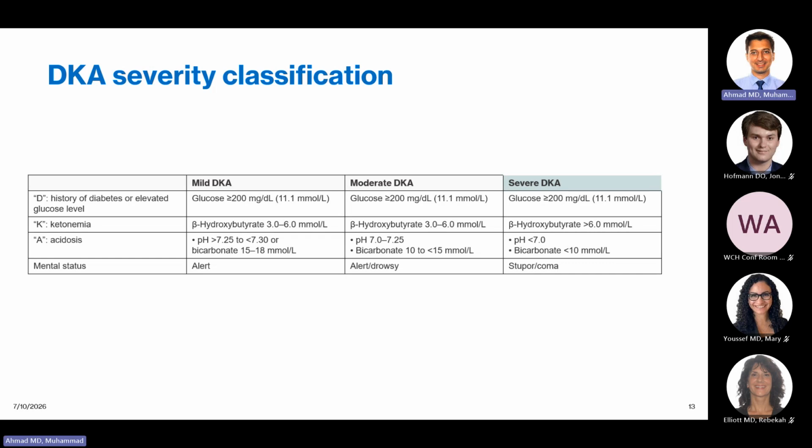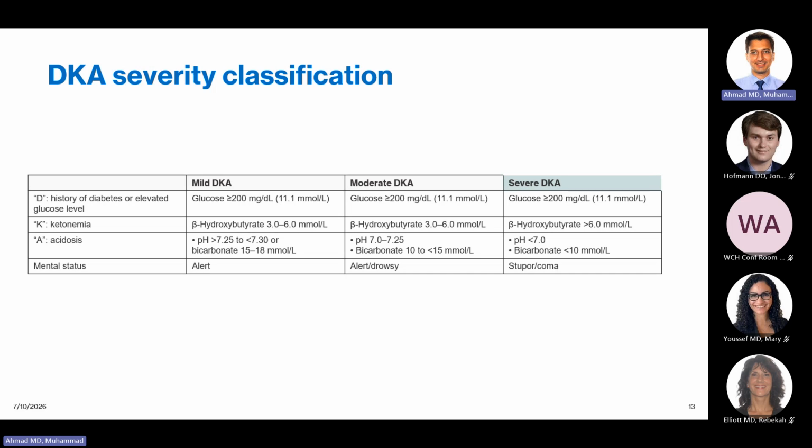So mild DKA: the blood glucose is usually greater than 200 and beta-hydroxybutyrate is 3 to 6 most of the time. The pH is 7.25 to 7.3 and bicarb is 15 to 18. The mental status is completely fine, at baseline.